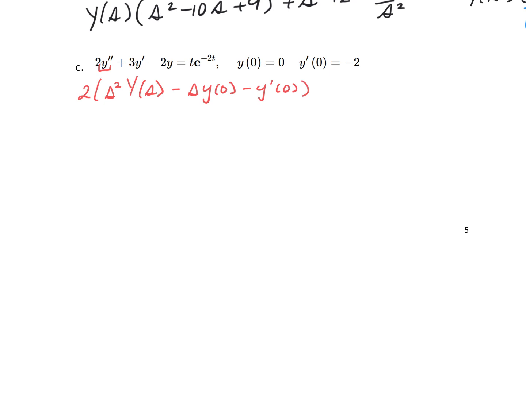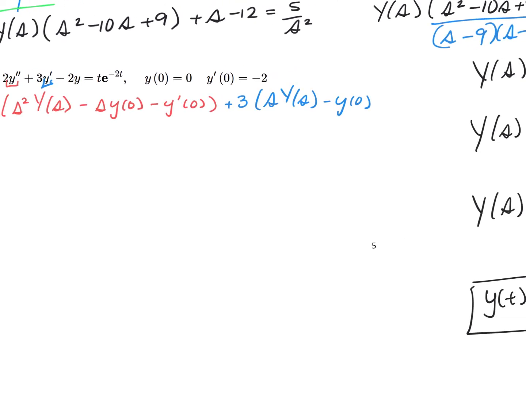So that is all the replacements for y double prime. Y prime gets replaced with, so we have 3 s cap y of s minus y of 0. And then the 2y, so this becomes minus 2 cap y of s.